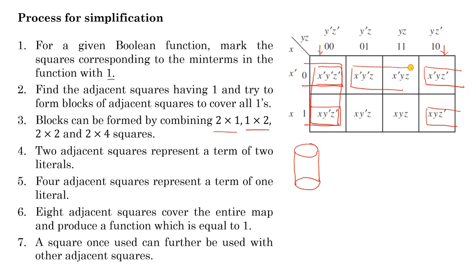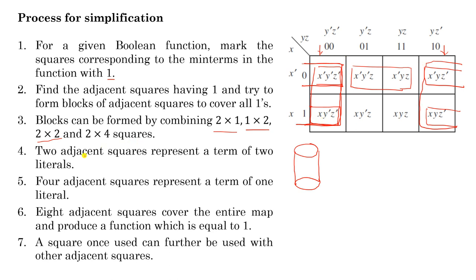So many possibilities may be there. Now blocks of 2 by 2, this may be 2 by 2, or here 2 by 2, or if you take this first column and this last column, this may be 2 by 2. A 2 by 4 block means it will cover the entire map.